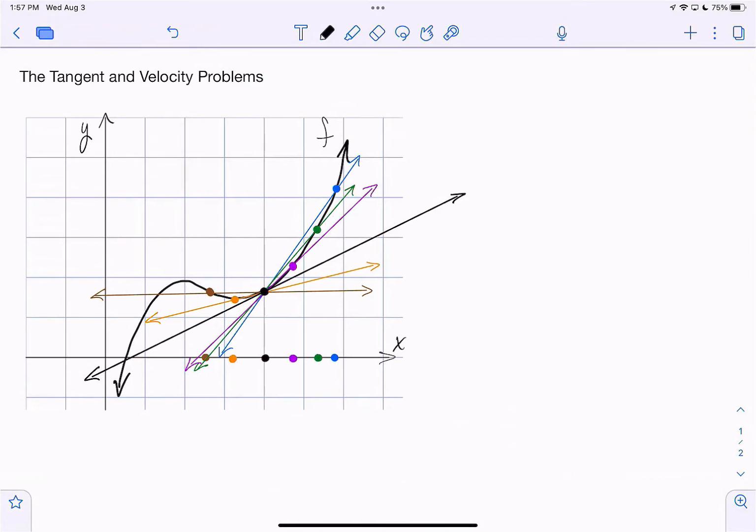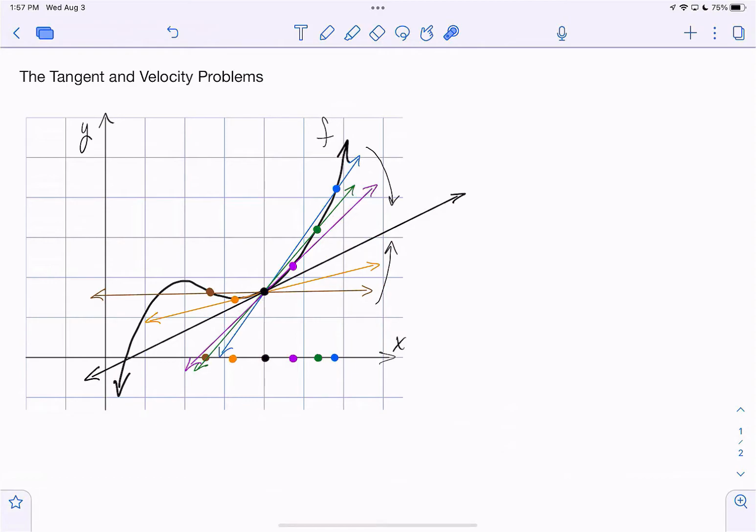So the slopes of the blue and the green and the purple are eventually becoming the slope of the black line as my point gets closer and closer to the black point from the right. And the slopes for the brown and the orange ones are getting closer and closer to the slope of the black line as I move toward the black point from the left.